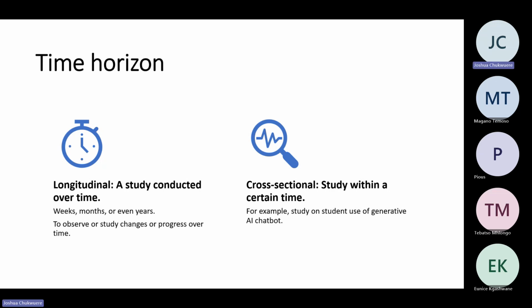Let's say now I want to establish the perception of the respondents on this topic of robots adoption, or e-marking.